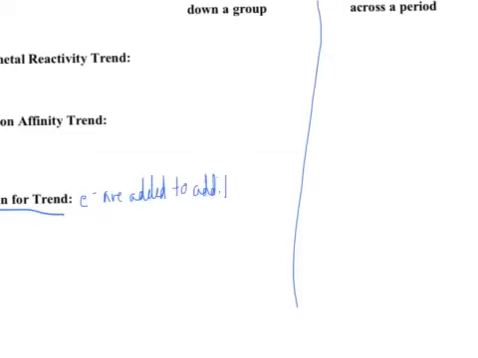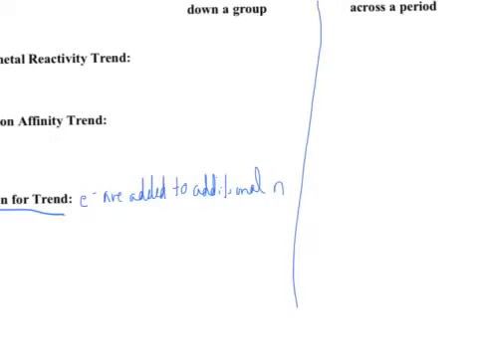So down the periodic table, electrons are added to additional energy levels.